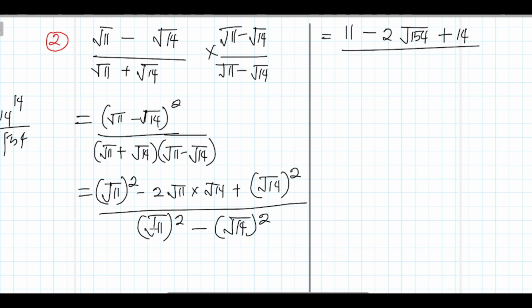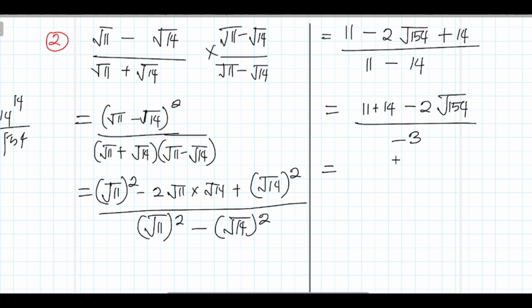All over square root of 11 squared, that is 11, minus square root of 14 squared, that is 14. So if we collect like terms here, we have 11 plus 14 minus 2 square root of 154 all over 11 minus 14, which is minus 3, right? So 11 plus 14, that will be 25 minus 2 square root of 154 all over minus 3.